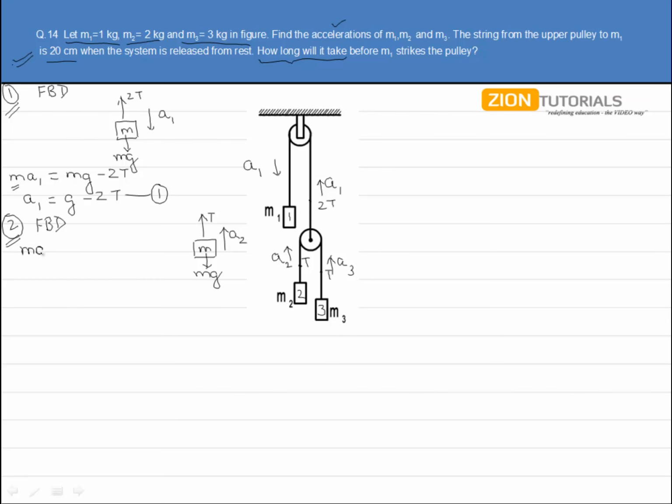Framing the equation, we can say m a2 equals T minus mg. Putting m equals 2 from the question, we get twice a2 equals T minus 2g. Marking this as equation number 2, let us proceed with block 3.